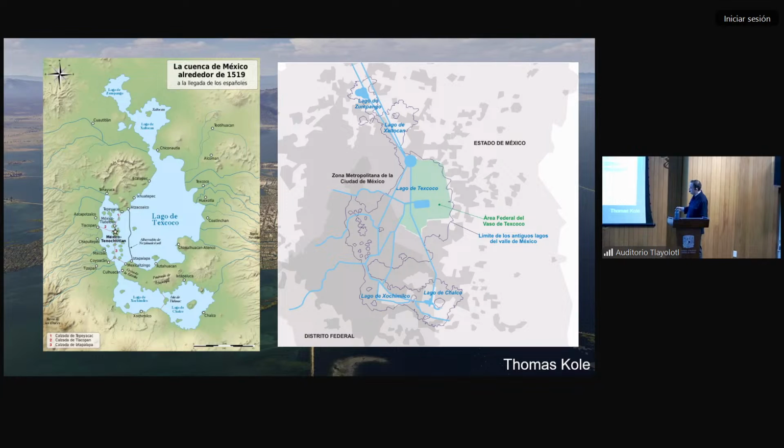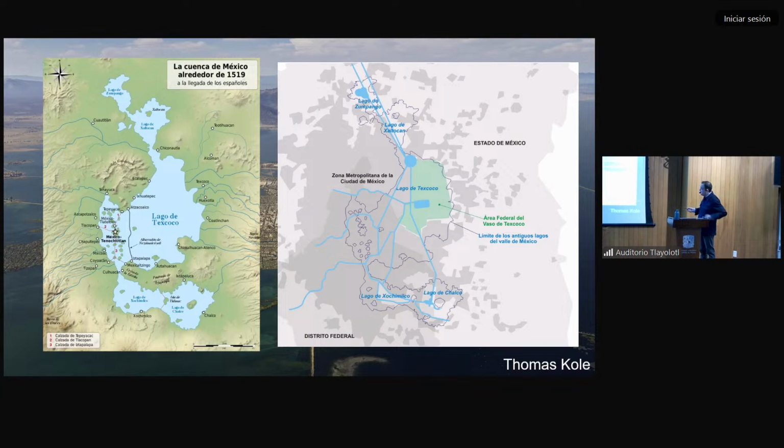And yeah, you can see a little bit of the lakes, for example, Xochimilco, if you go to the Trajineras, for example, or the Texcoco Lake, that actually is not a lake anymore, where it was supposed to be the airport that never was.